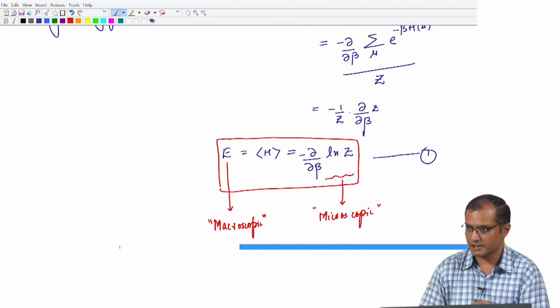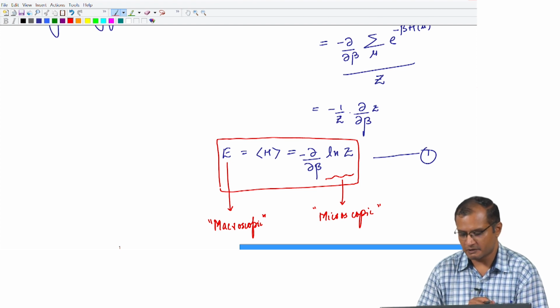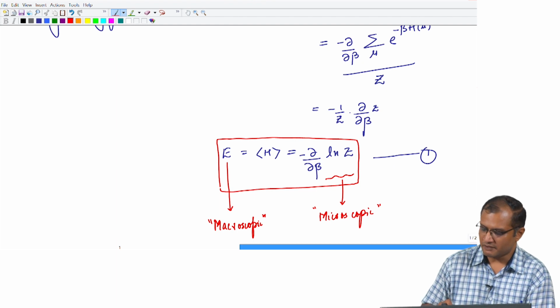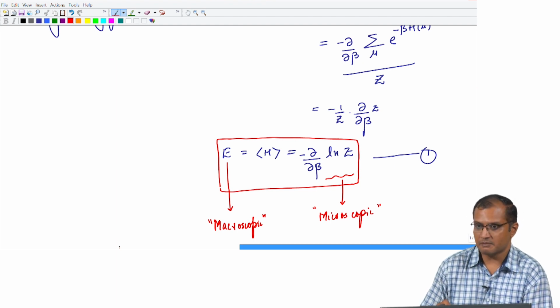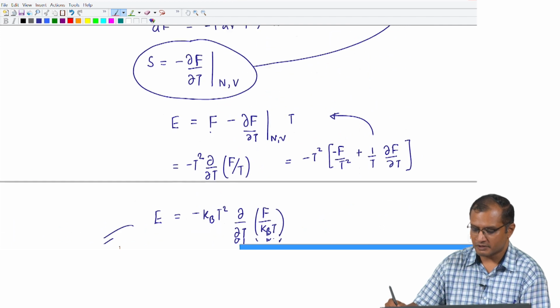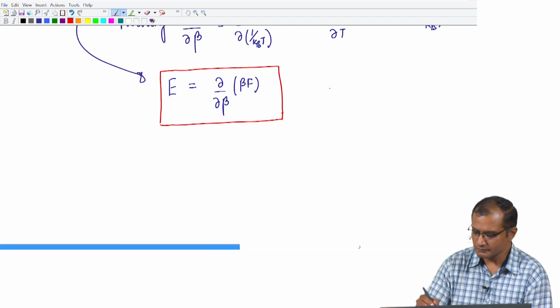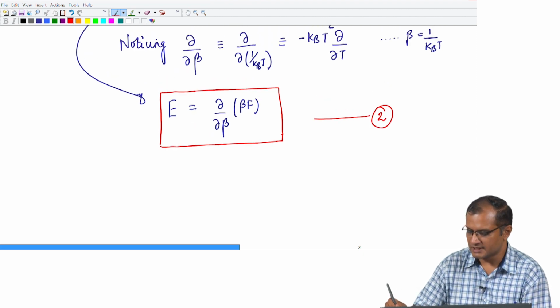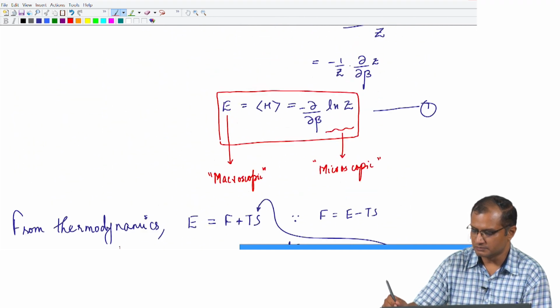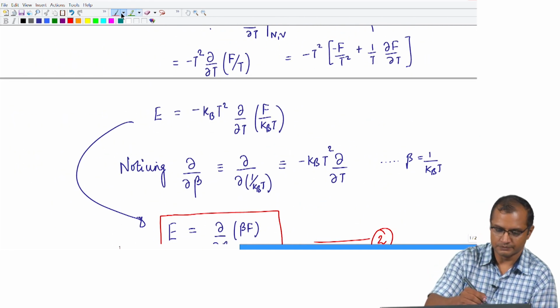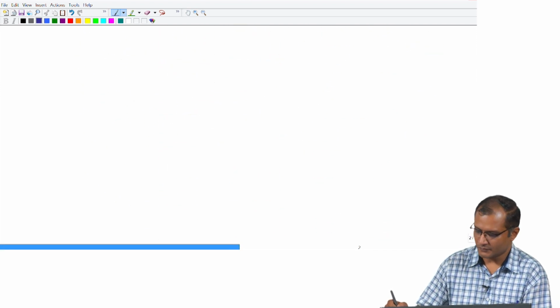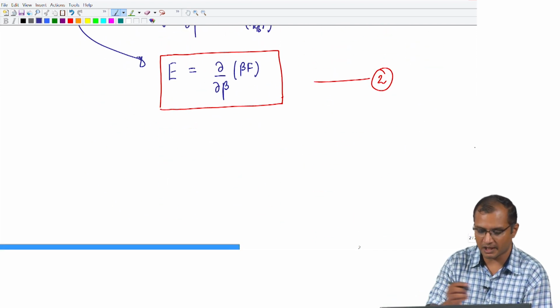So, this is also an expression, a relationship between energy and ln Z. So, if I compare the right hand side here, minus d by d beta of ln Z, with the right hand side here, d by d beta of beta F. So, I am calling this equation 2, and just comparing 2 with 1 you can get one more bridge between statistical mechanics and thermodynamics.